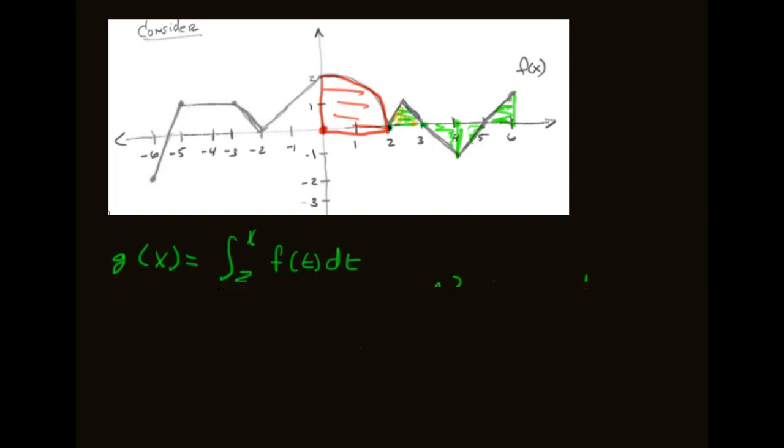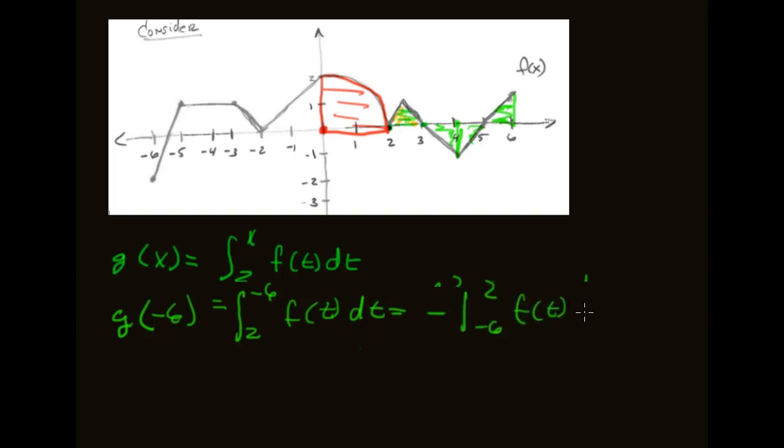So let's say I want g of negative 6. Okay, let's see, what do we got here? So that's the same as the integral from 2 to negative 6 of f of t dt, which comes out as negative, the integral from negative 6 to 2 of f of t dt, right?